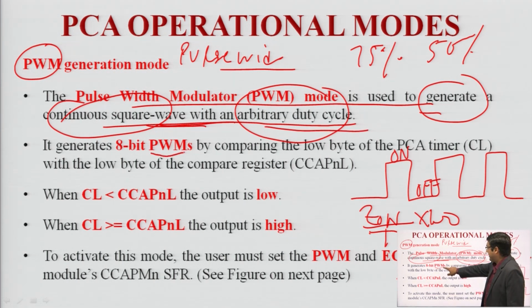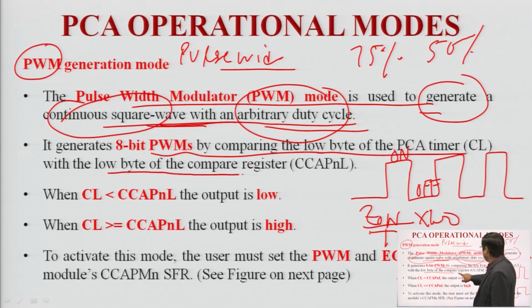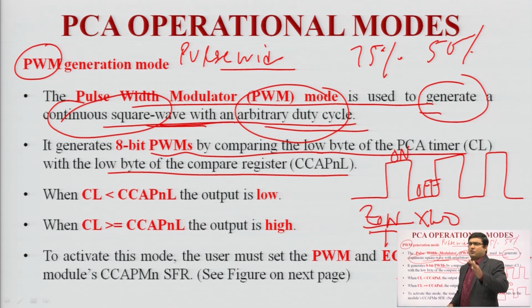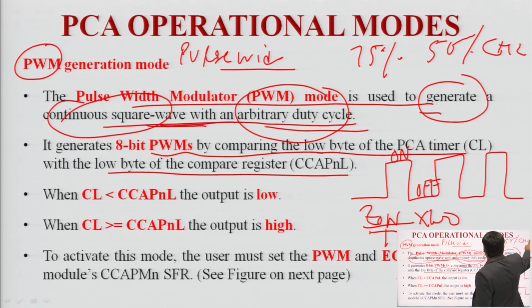It generates an 8-bit PWM by comparing the low byte of the PCA timer with the low byte of the compare register. In the previous lecture we saw that a match or comparison occurs between the two registers, CH, CL and CCAP.